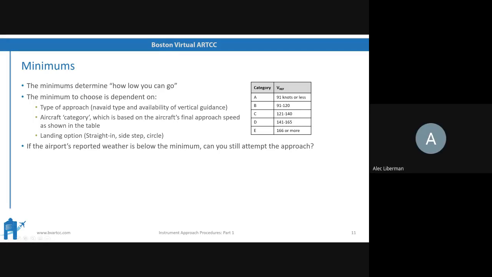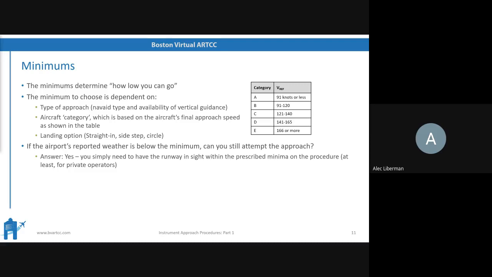So the answer is, generally speaking, yes, you can attempt the approach. You simply need to have the runway or the runway environment in sight within the prescribed minima on the procedure, at least for private operators. Robert is correct here. For Part 91 flight, meaning private flight, where you're not flying for an airline or air carrier, you can have the airport advertising 0 feet, 0 visibility, and you can still attempt the approach all day long.